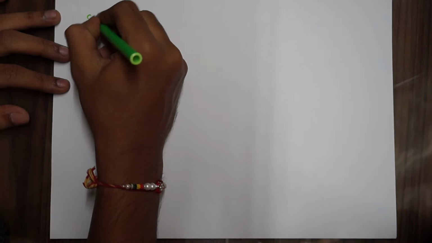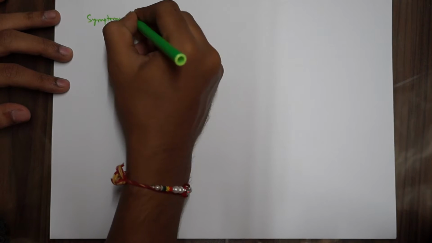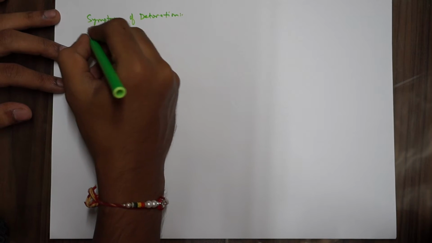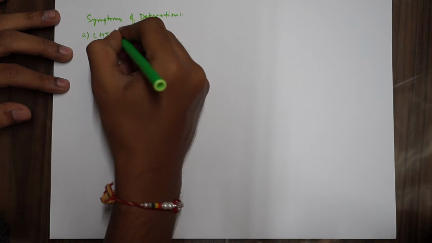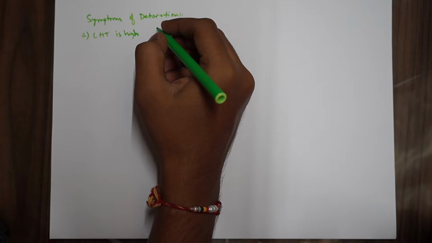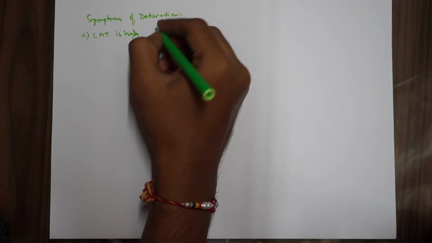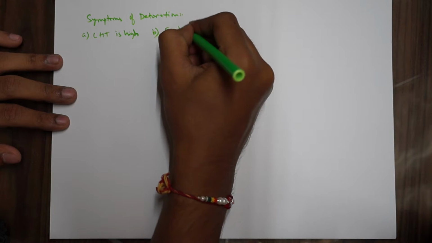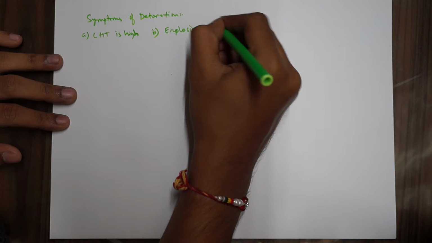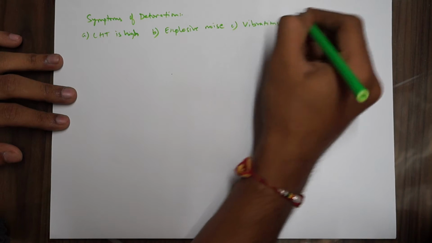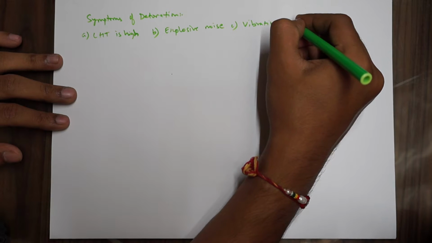What are the symptoms of detonation? How do you recognize it? A, CHT is high, the cylinder head temperature is increasing, because you have a gauge. If you remember, I told you in a video a couple of videos back. B, there's a bang, an explosive noise. C, vibrations, the engine is vibrating heavily and you are feeling it.